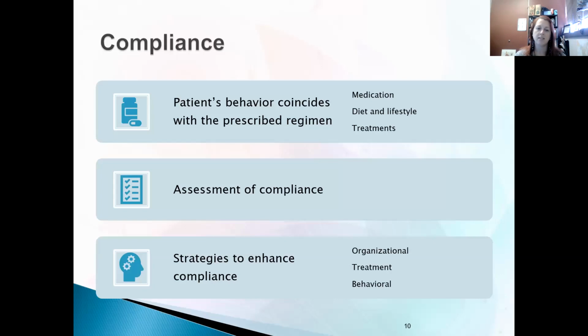Assessing the compliance, and assessing why they're having challenges with whatever the treatment method is. I will be honest, with kids, it's one of the reasons why I like working with kids more than adults, is that they generally will listen more than adult patients will. And I think you guys saw a little bit of this in some of your clinicals.